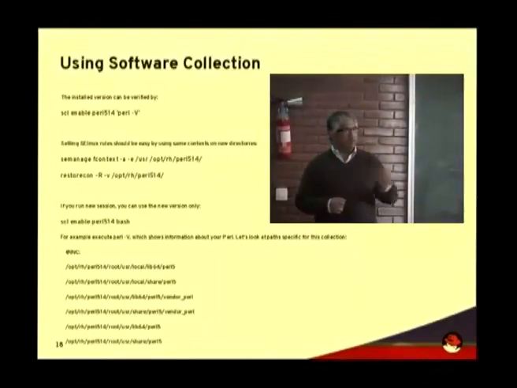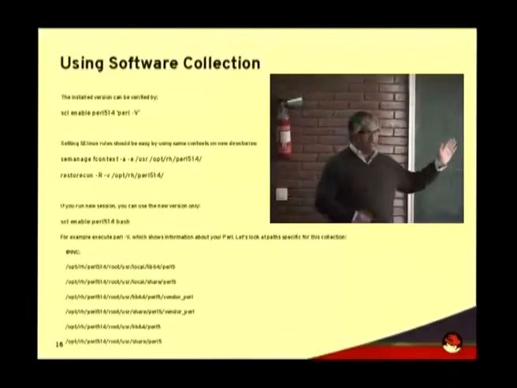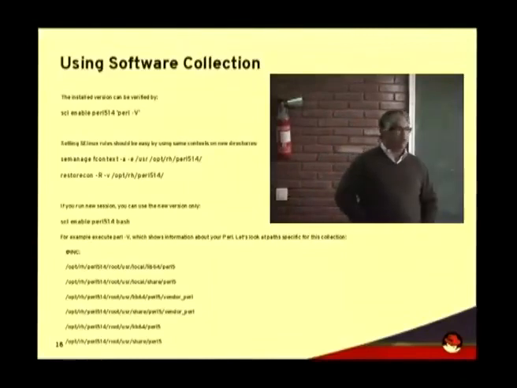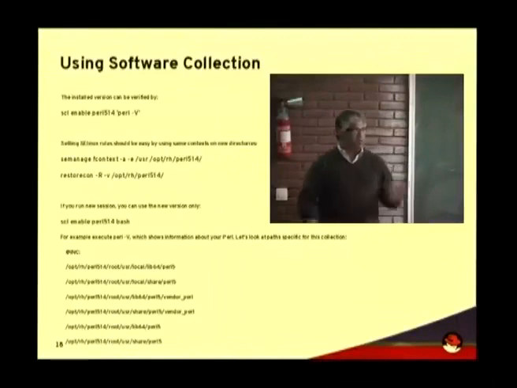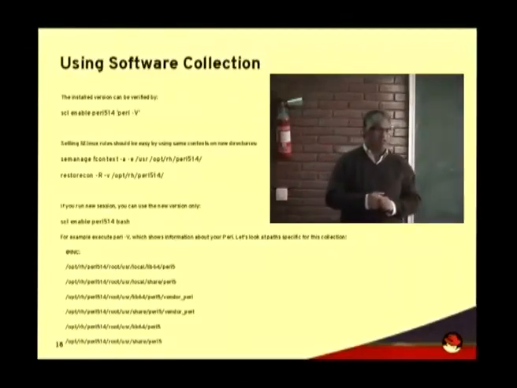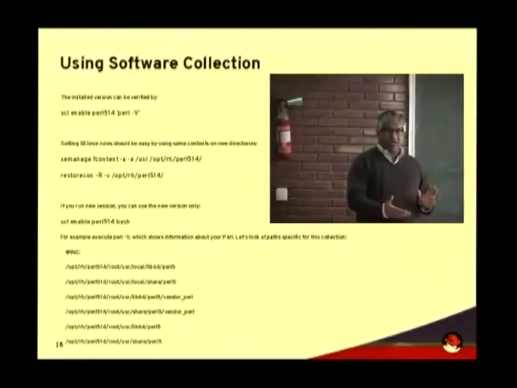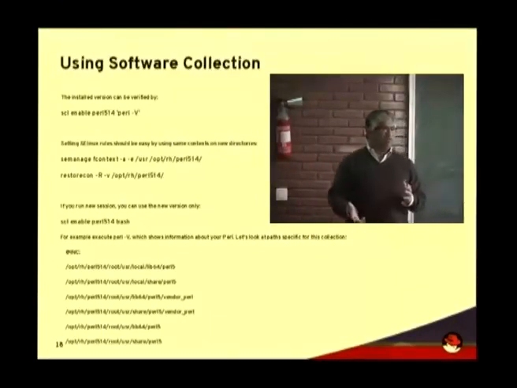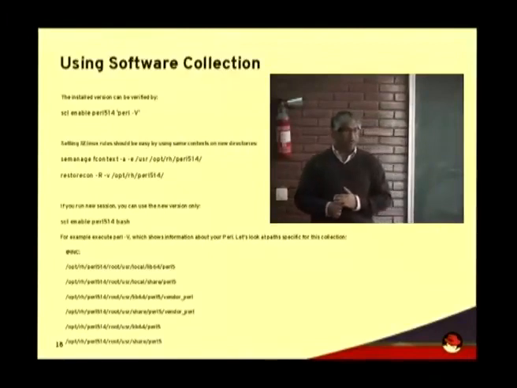And if you do nothing else, so just scl enable perl514, it just changes your current shell environment, and you can now have that Perl available as part of your default. However, if you add additional commands onto the string, it executes that command in that context, and then returns without changing anything in your current shell.